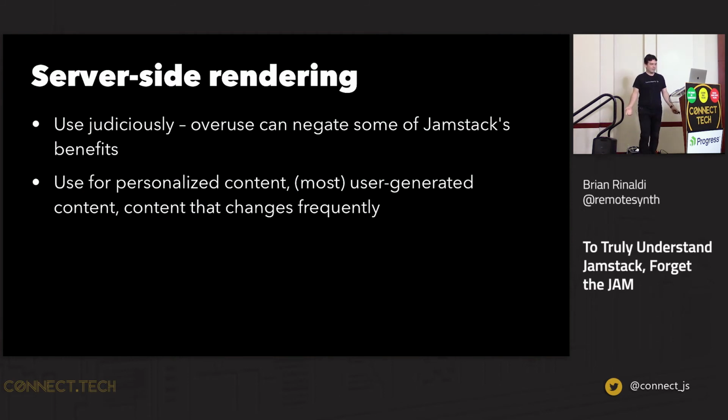What I mean by that is overusing server-side rendering is giving up some of the things that we are adopting Jamstack for. That you don't have to go back to the server on every request. We have security and things like that built into the Jamstack model. So I try to say use it carefully where you need to use it, but go ahead and use it.